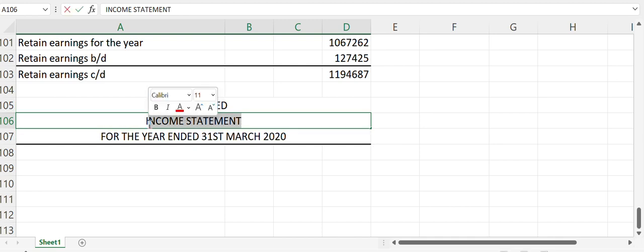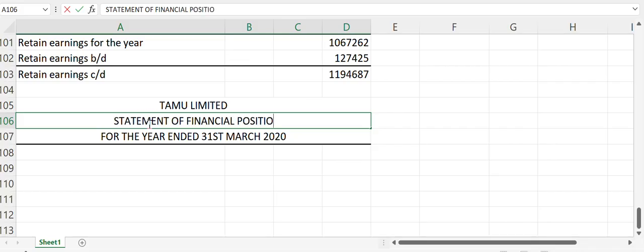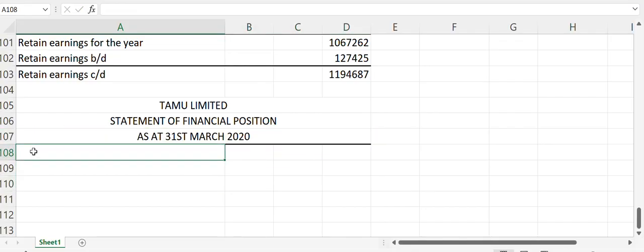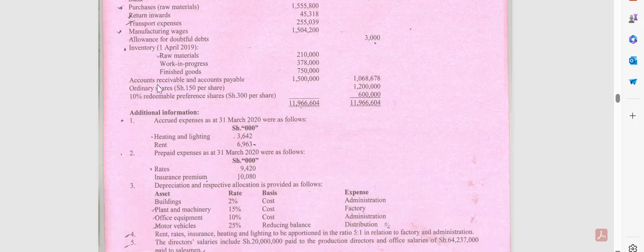So statement of financial position as at that time. So we start with the normal one, non-current assets. So for non-current assets, we have couples, and remember we had already computed the net book value.